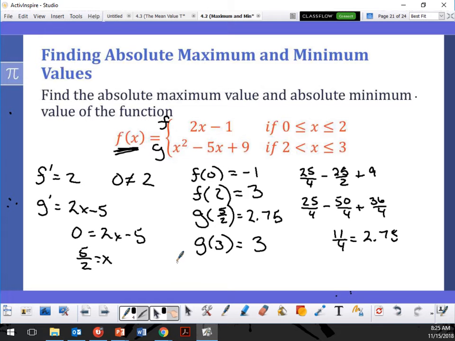Let me write this out. So it's going to be 0, comma, negative 1 is my min. And then my max is going to be at 2, comma 3, and again at 3, comma 3. Okay, same value.